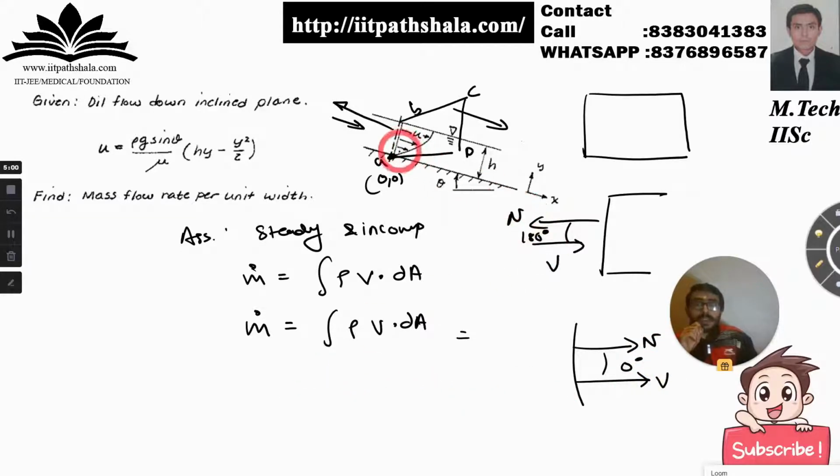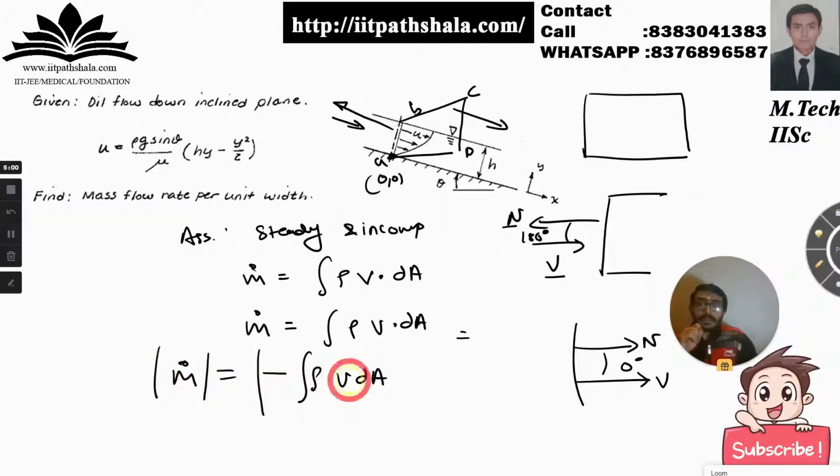So here, with respect to our plane, velocity is coming inside, so it will be rho v dA. The angle between the contact normal and the velocity vector will be 180 degrees, or the area vector and the velocity vector will be 180 degrees. That doesn't even matter over here, because we need to find this m dot.